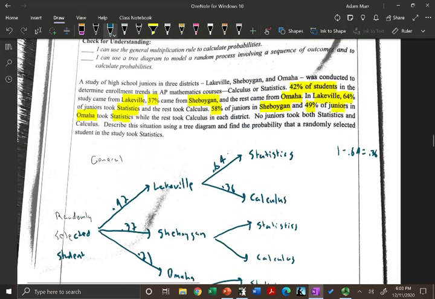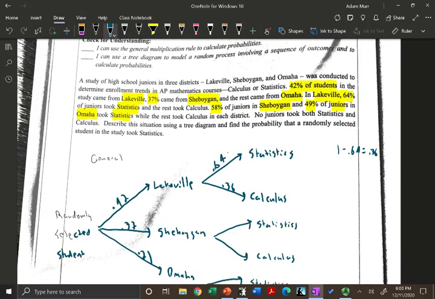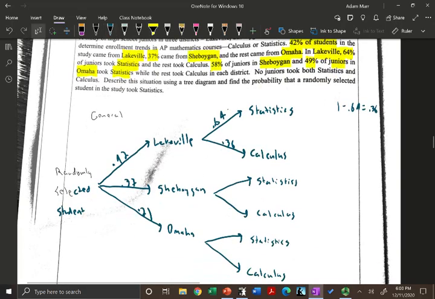So no problem. Let's look at Sheboygan now. We did Lakeville already. In Sheboygan, 58% of juniors took statistics. To get this, we say 1 minus 0.58, which is 0.42 took calculus, because they said the rest took calculus, right?